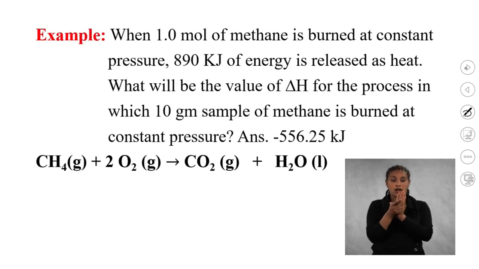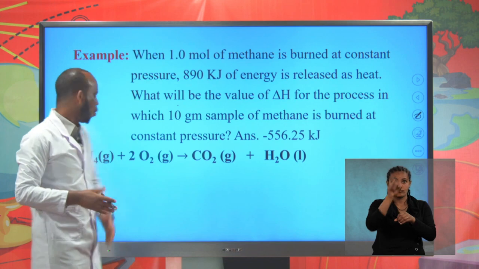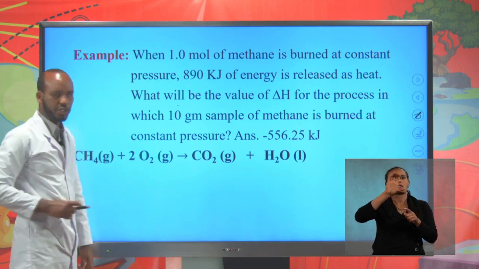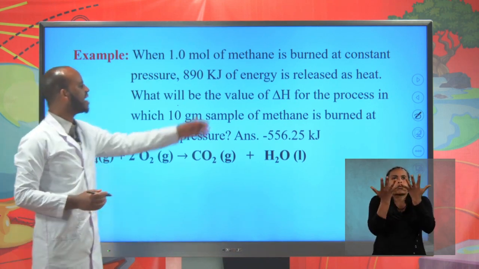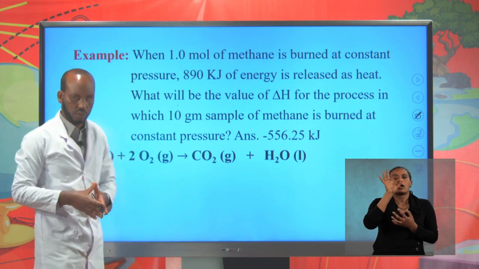Example: when 1 mole of methane is burned at constant pressure, 890 kilojoule of energy is released as heat. What will be the value of delta H for the process in which a 10 gram sample of methane is burned at constant pressure? You see, when 1 mole of methane is burned, 890 kilojoule of energy is released.